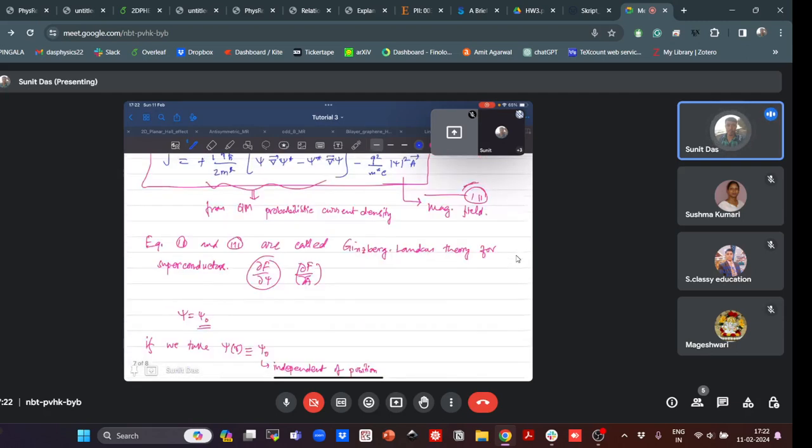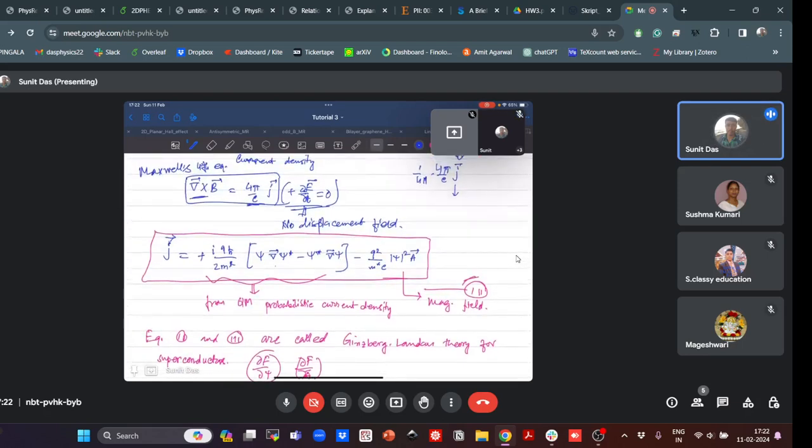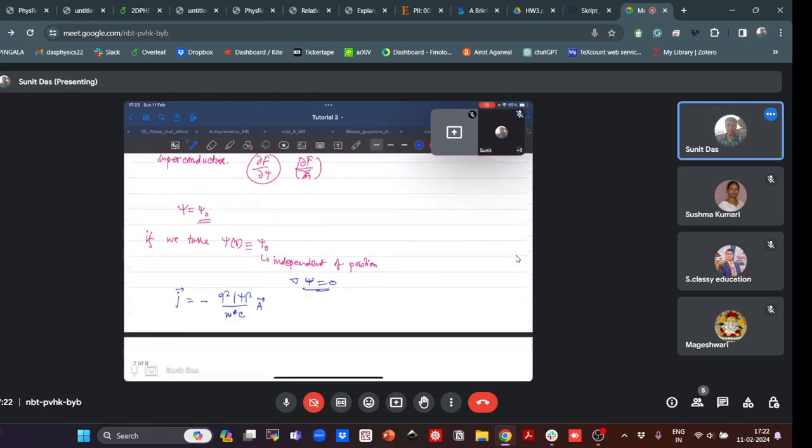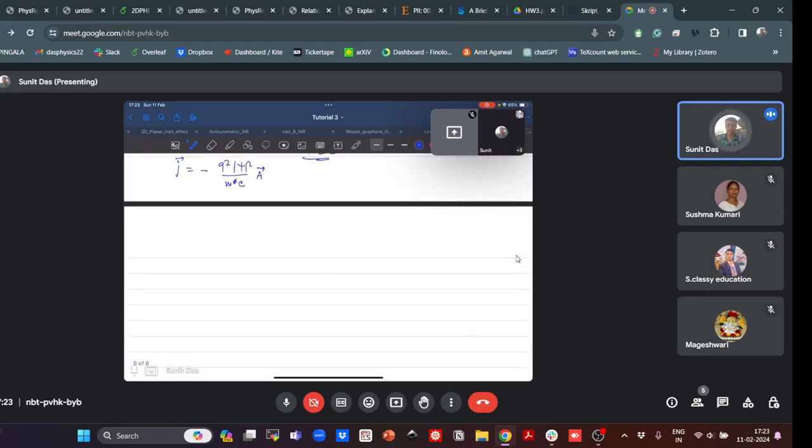So the first term of this equation becomes 0 for psi equal to psi 0, right? So this was actually the equation of London, right?